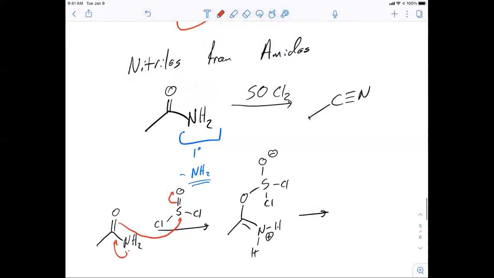Then, like our other thionyl chloride reactions, this will come down, kick off the chlorine.